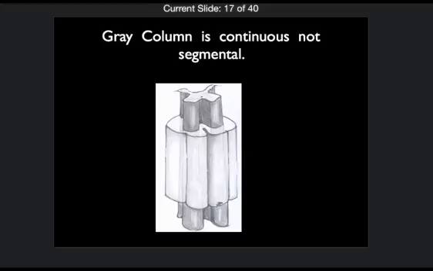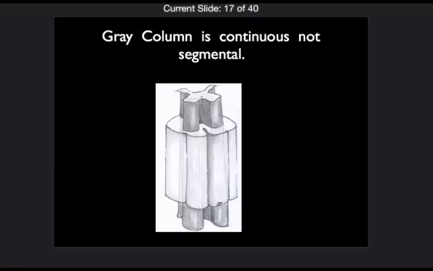Here's the median central sulcus, and this is the white matter, and this is the gray matter. Neuronal pools in the posterior horn do not exist as segmental nuclei. Now, I suspect everybody appreciates that, and that's not an epiphany for anybody.